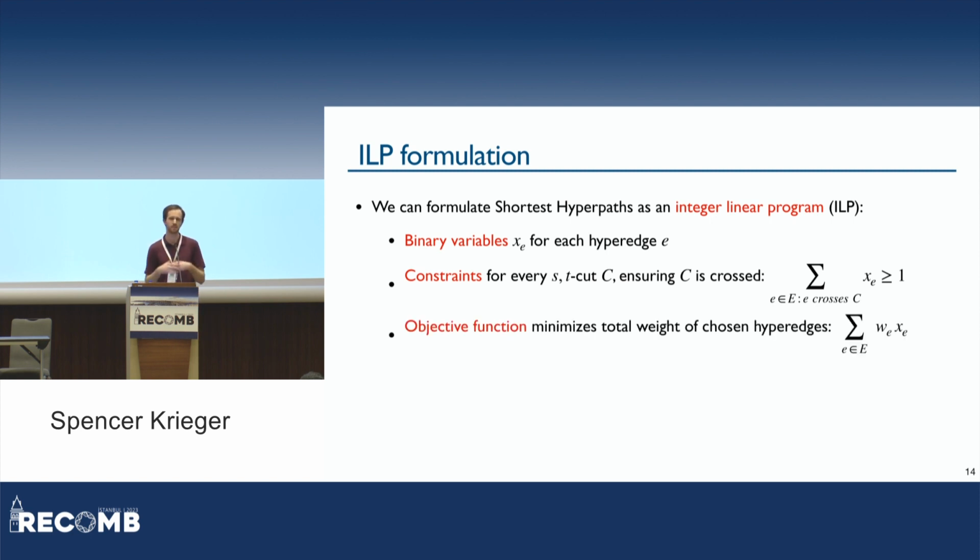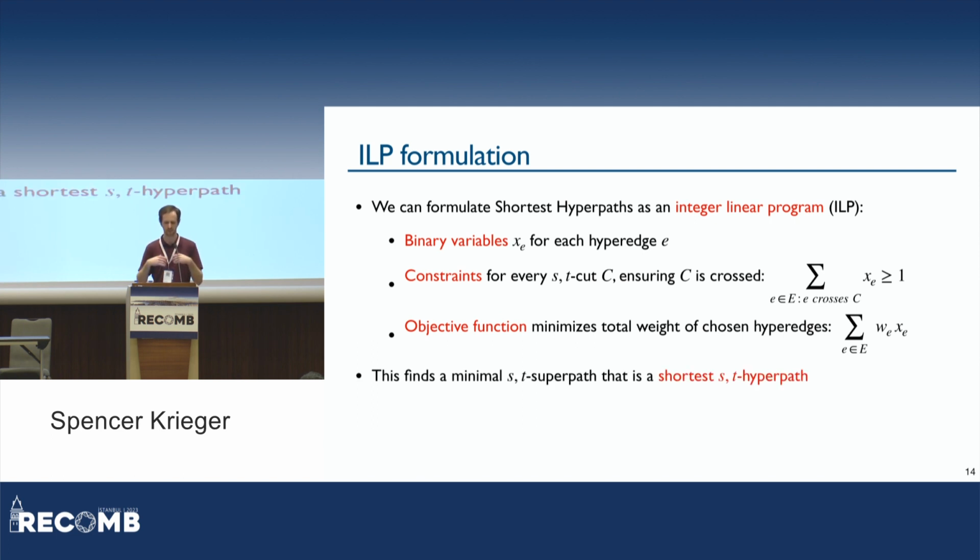Our objective function seeks to minimize the total weight of these chosen hyperedges. So the constraints, by the theorem, ensure that this is an ST superpath since it crosses every ST cut, and the objective function ensures it's minimal, and because it's minimal, it's now a shortest ST hyperpath.